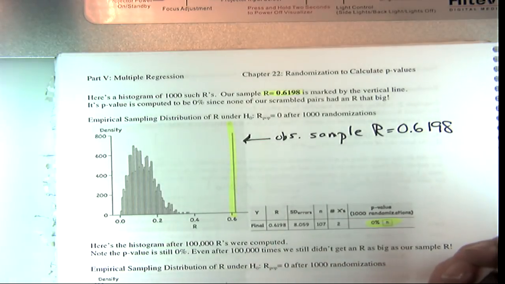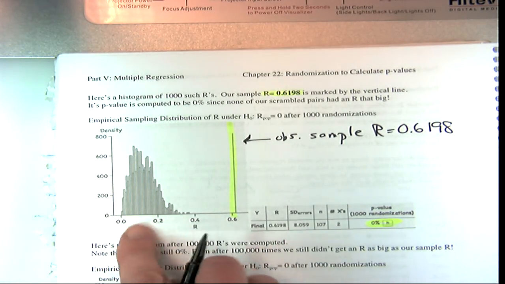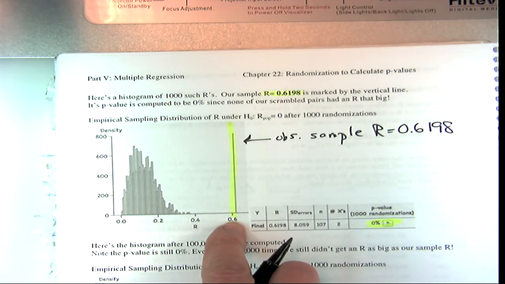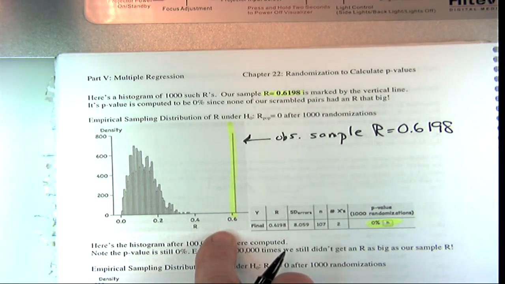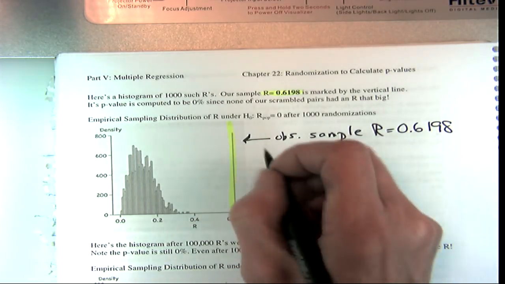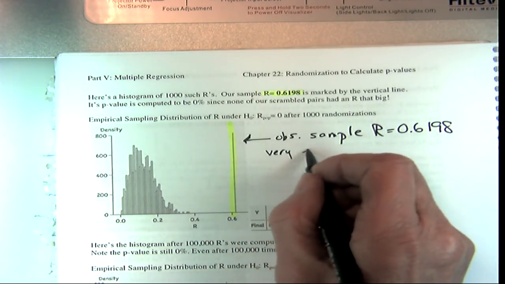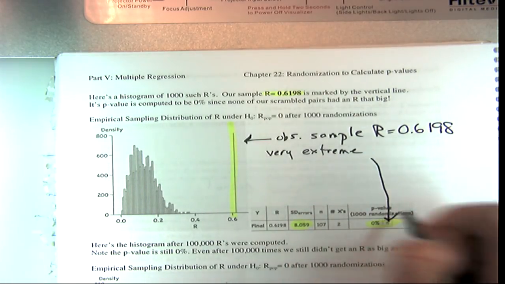It's so far beyond the others, it's so extreme. You can see how extreme it is. So we'd have to do it a very, very long time before one appeared that far out. It's very extreme. And your P is 0.